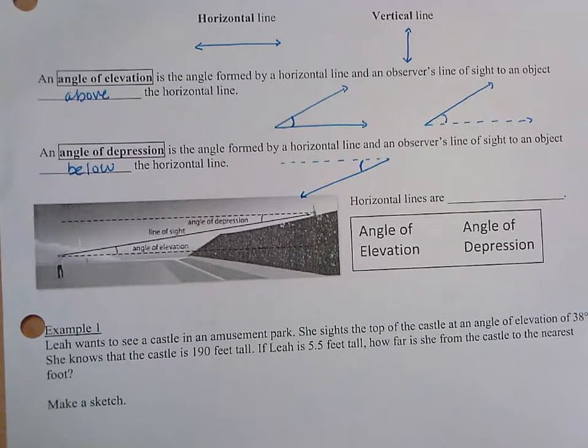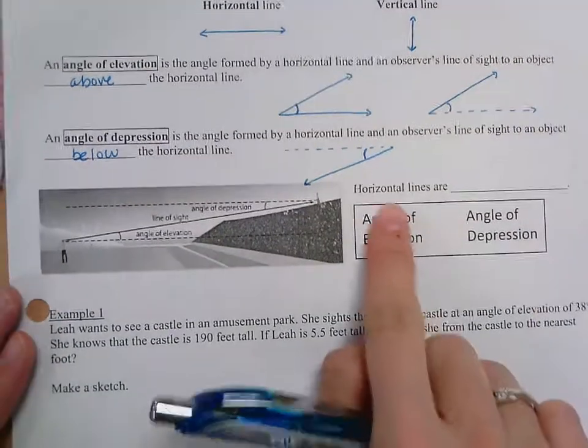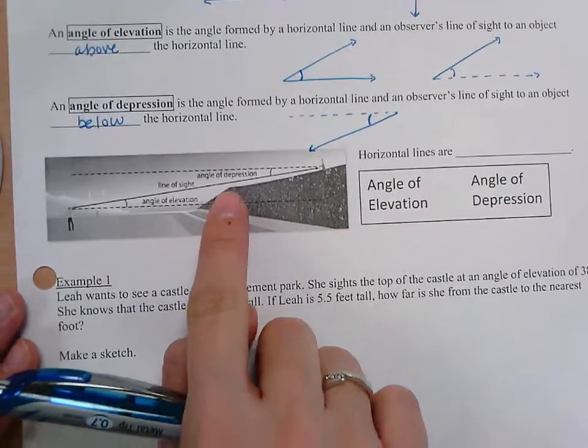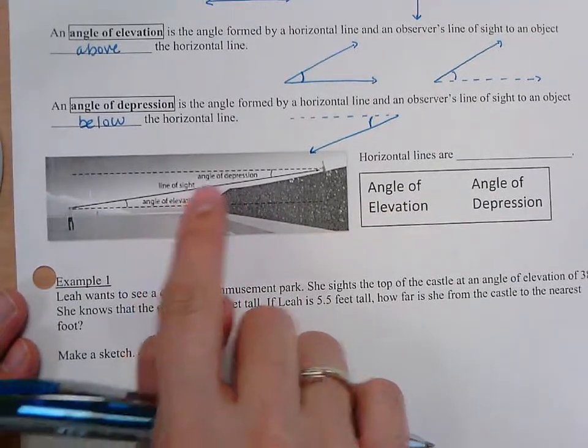Okay, so if a problem tells you angle of elevation or depression, it's important that you're drawing the angle in the correct place. Otherwise, your work and your problem is going to be incorrect. But I do want to say this. This shows a picture that has both an angle of elevation and depression.